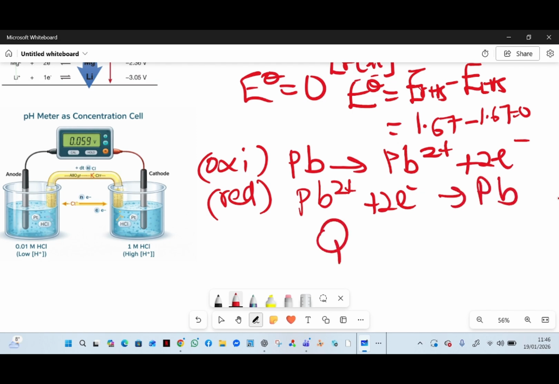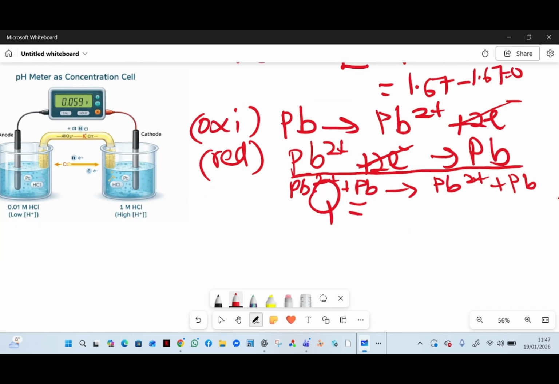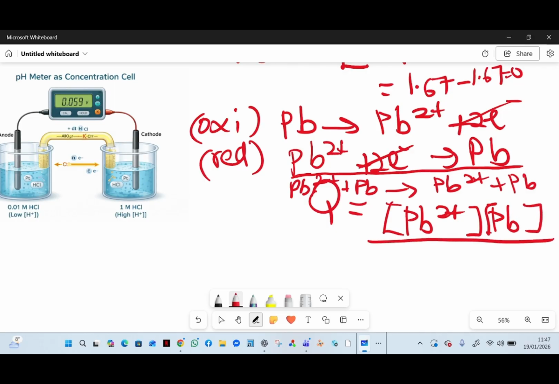And so the reaction quotient, which should be equal to the concentration of your product, here for the general reaction, we would have lead 2 plus, lead going into lead 2 plus, lead. Q should be equal to concentration of your product, which is lead 2 plus times lead, divided by your reactant, which is lead 2 plus, lead.